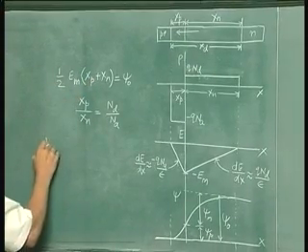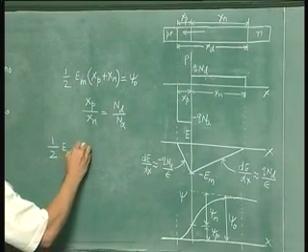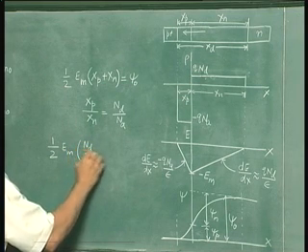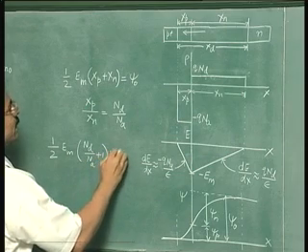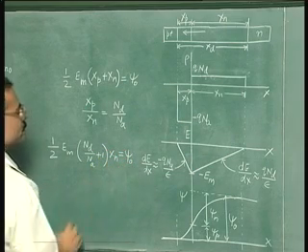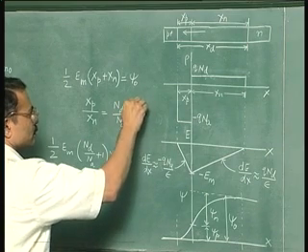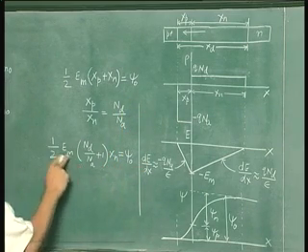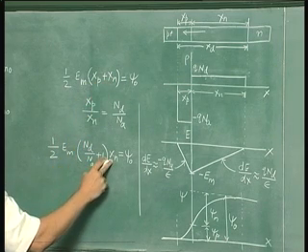Then we get half of Em into Nd upon Na plus 1 into Xn is psi naught. Now we have reduced these two widths to one width.